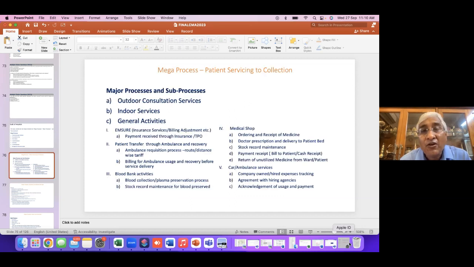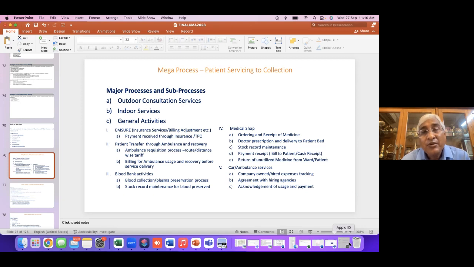Now, all these mega processes are again subdivided into smaller processes. Like when you talk about the major process, there are sub processes also. So major process and sub process, whatever name you wish, you can give it. Now the outdoor consultation services, indoor services, general activities.